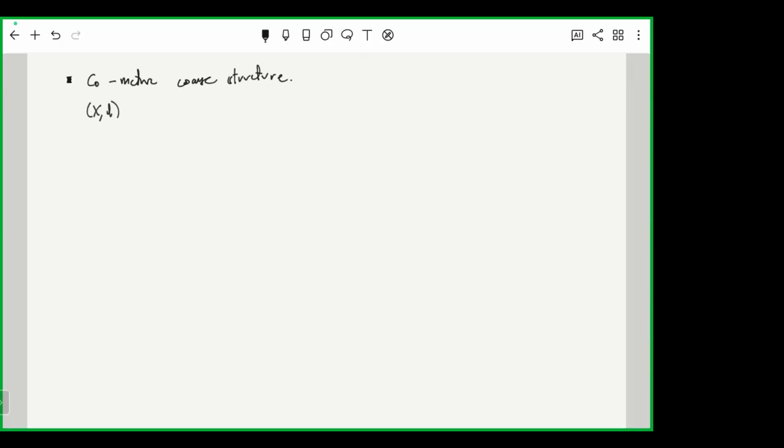Again, we have a metric space, and let E be a subset of X squared. Then E is controlled, so E is in the coarse structure, if and only if the distance function on E, so this is the restriction of the distance function here, tends to zero at infinity.